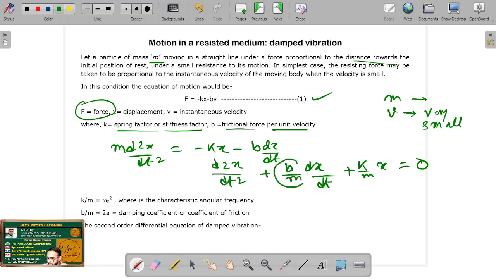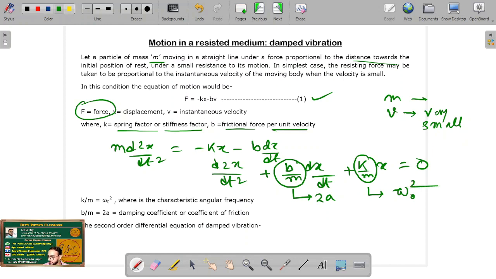Now we take b/m as 2a, and k/m, which is the characteristic angular frequency that we have discussed in the previous videos, we take as omega 0 square.